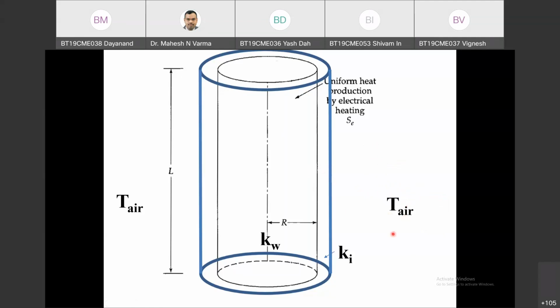Now this is not directly exposed to air. This is covered with some insulating material, and this is exposed to air. The thermal conductivity of this wire is Kw, and the thermal conductivity of this is Ki. There is uniform heat generation only in the copper wire. There is no heat generation here.